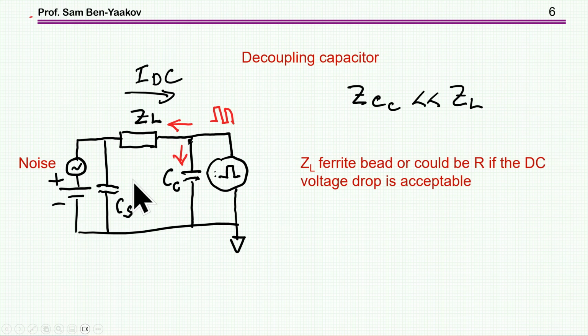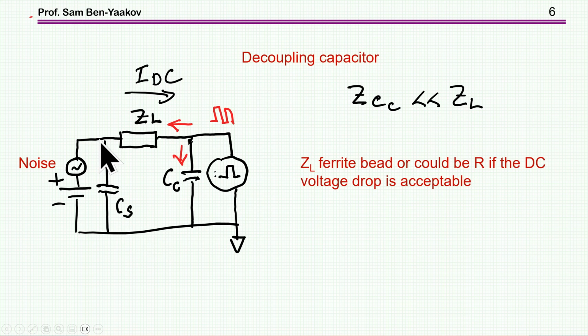So in order to really decouple the two systems, you have to introduce an impedance here, such that the impedance of this capacitor will be much lower than this impedance, and then most of the current of this injection, of this noise, will be captured by this capacitor. Actually, the same thing goes here.